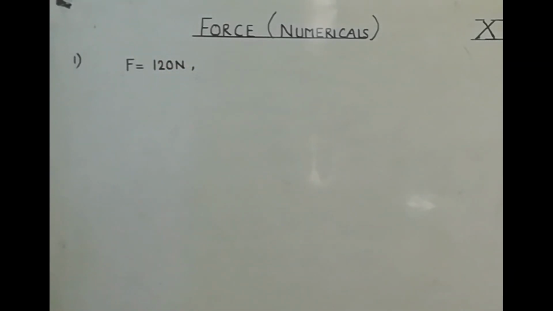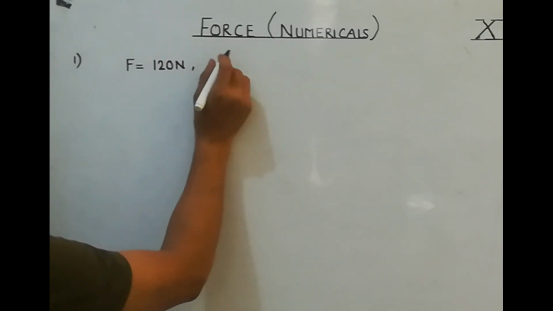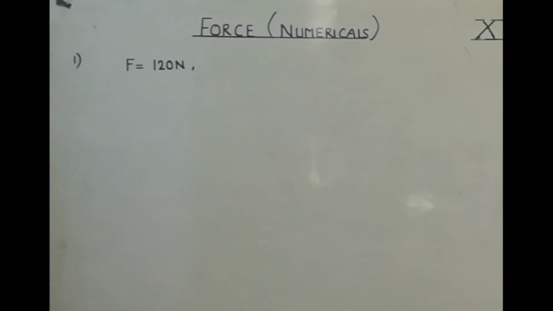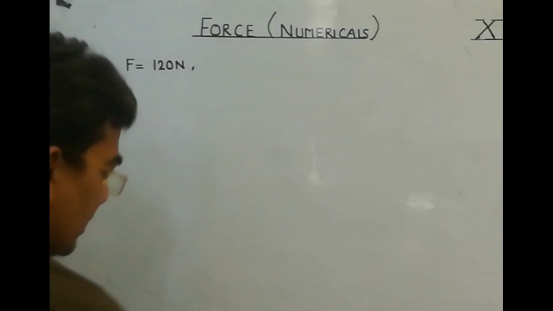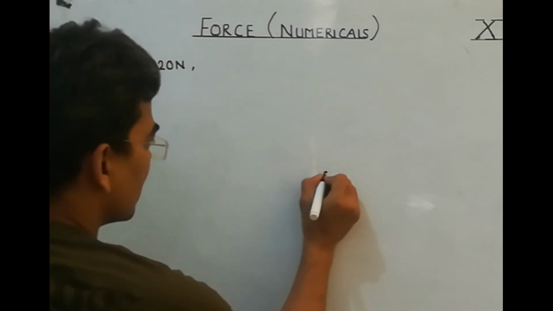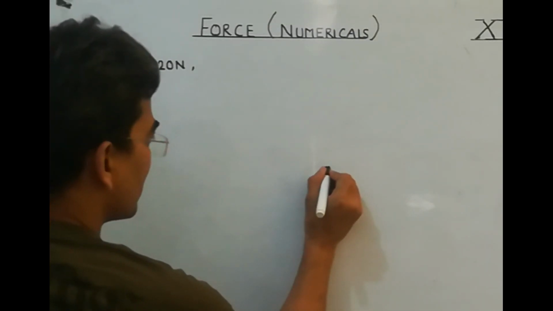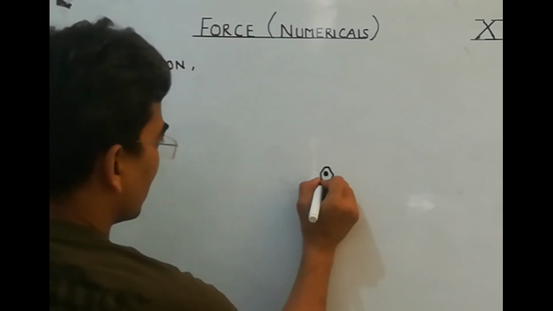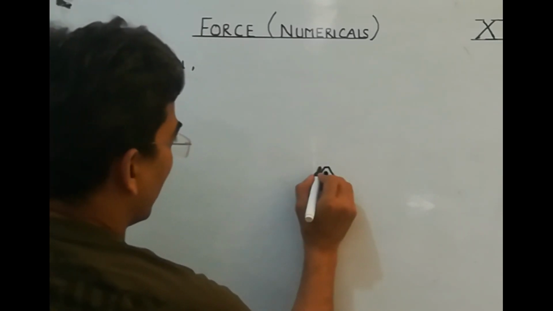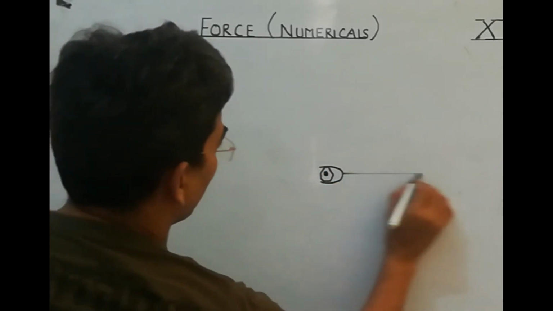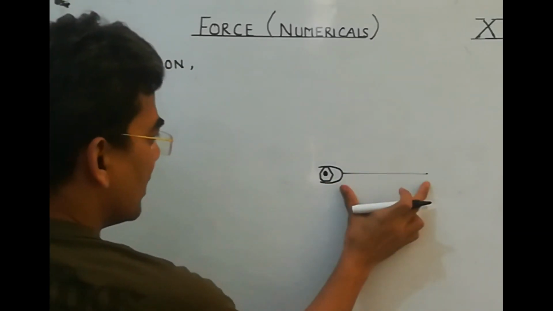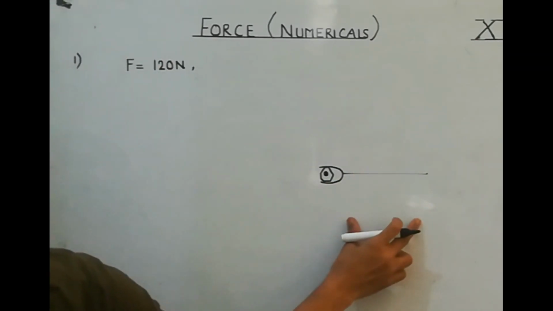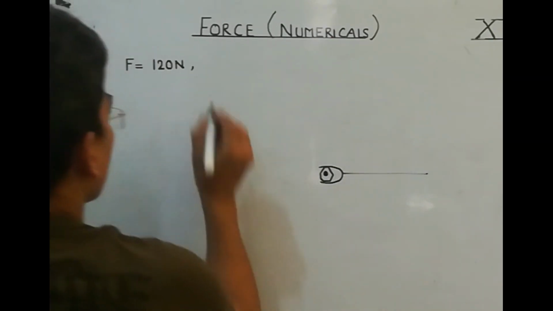Now this force is applied on a lever handle of length 40. So when you are applying the force on the lever, this will be the point of the nut, and then you will be having a lever like this. Now the length of the lever handle is given as 40 centimeter.